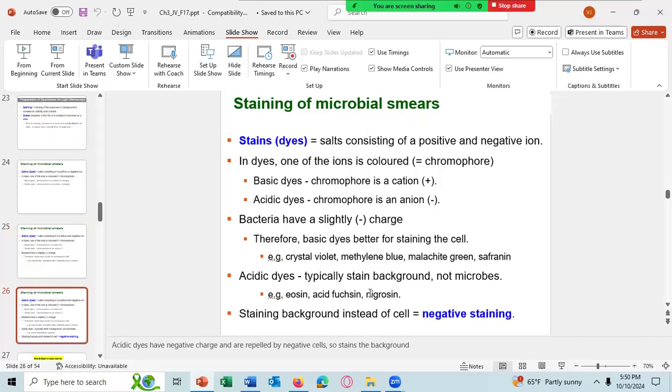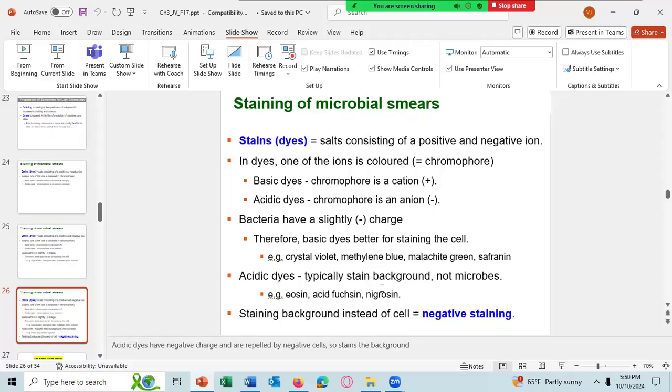An acidic dye has the chromophore in the negative part of the salt. The negative part of the salt will be repelled from the negative cell. And so the acidic dye will not stain the cell, it will stain the background of the slide.